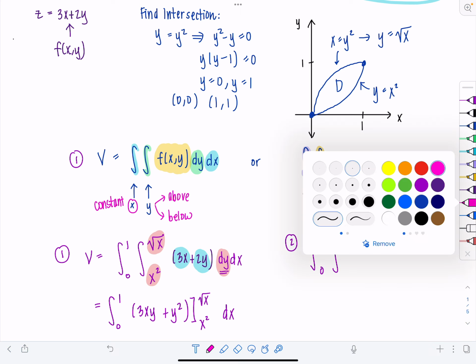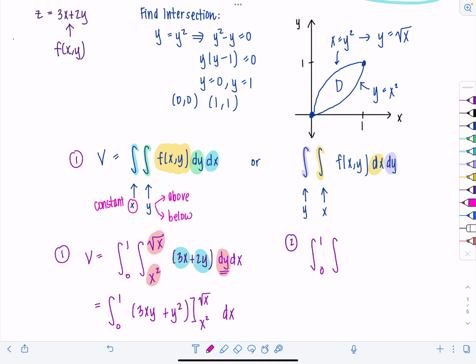To help you, you can draw horizontal lines in the x direction just like we did for the first setup in the vertical direction. So go this way. See this? Okay, it always has to go in the increasing direction. So you would always go from left to right, smaller to bigger. So whatever function here bounds the region on the left, that's going to be the lower limit of our integral.